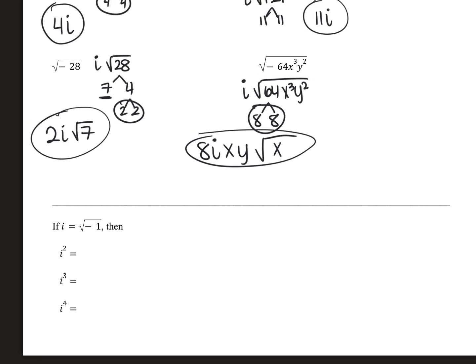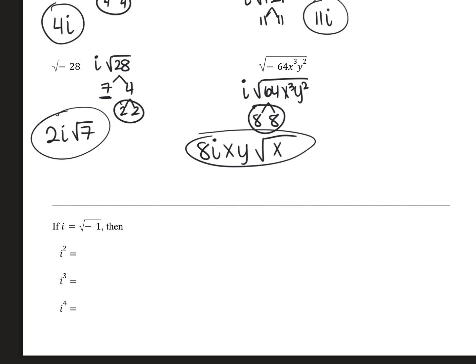We also have exponents for i. So we're going to look at multiplication in a little bit. And we are going to be dealing with powers of i. So we have to discuss how raising i to exponents works. So let's start with i squared.